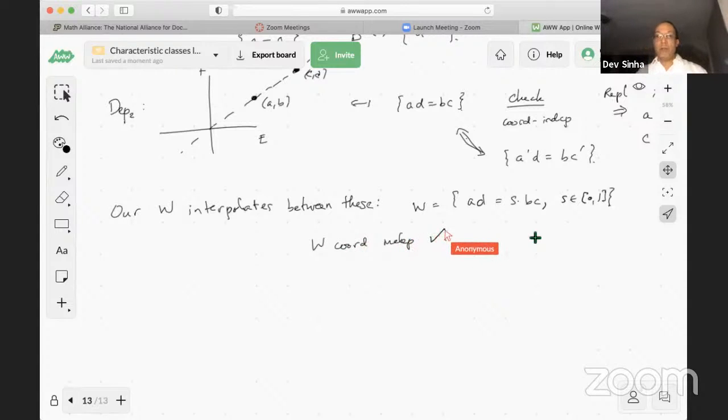Check. So even though I've got that equation in coordinates, I change my bases. This set of points, this set of A, B, C, and D, that doesn't change. So that means, and then we check that when S equals 1, we have the equation for dep2.